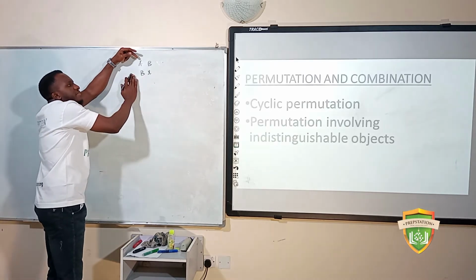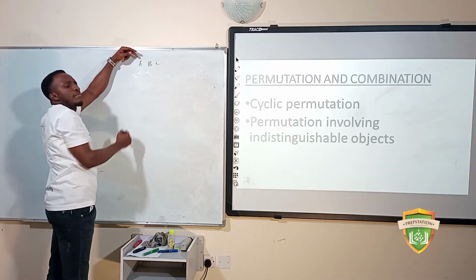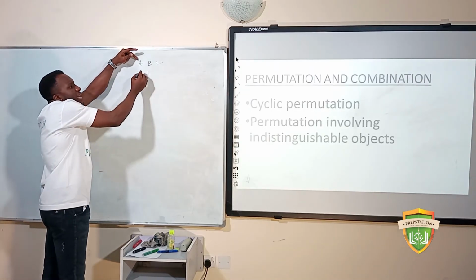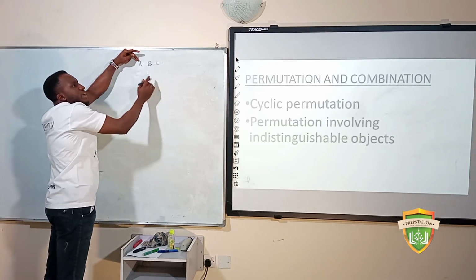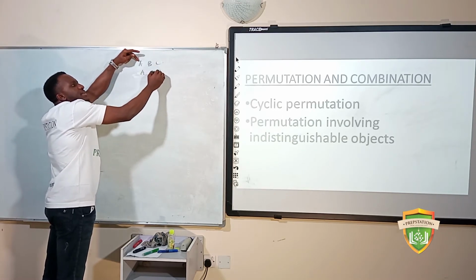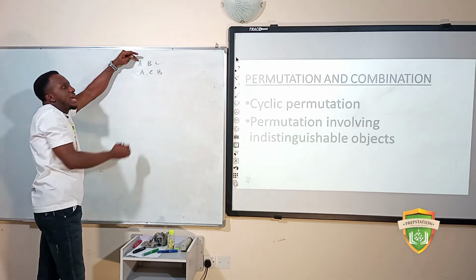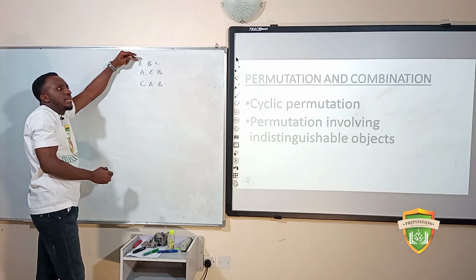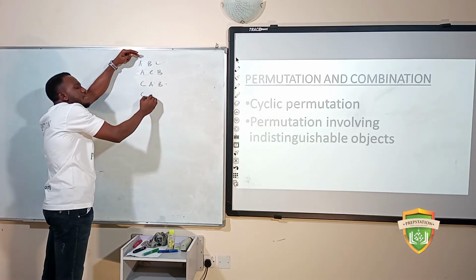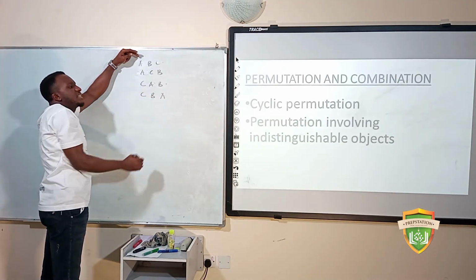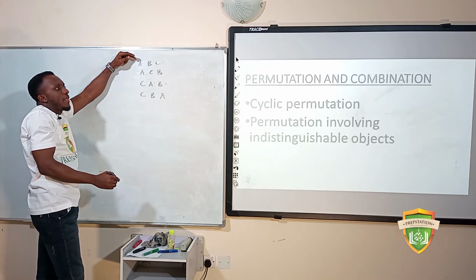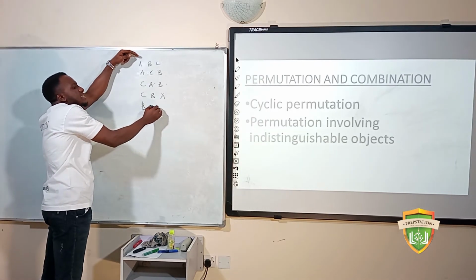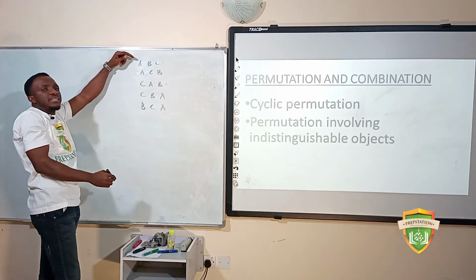Now what if I have A, B, and C? I can have A, B, C. This is one way. I can have A, C, B. This is another way. I can have C, A, B. Another way. I can have C, B, A. Another way. I can have B, C, A. Another way.